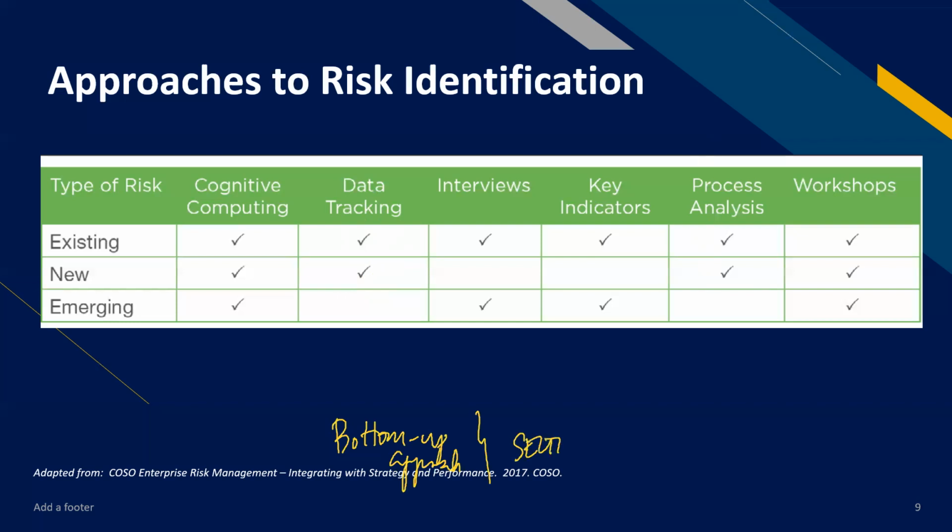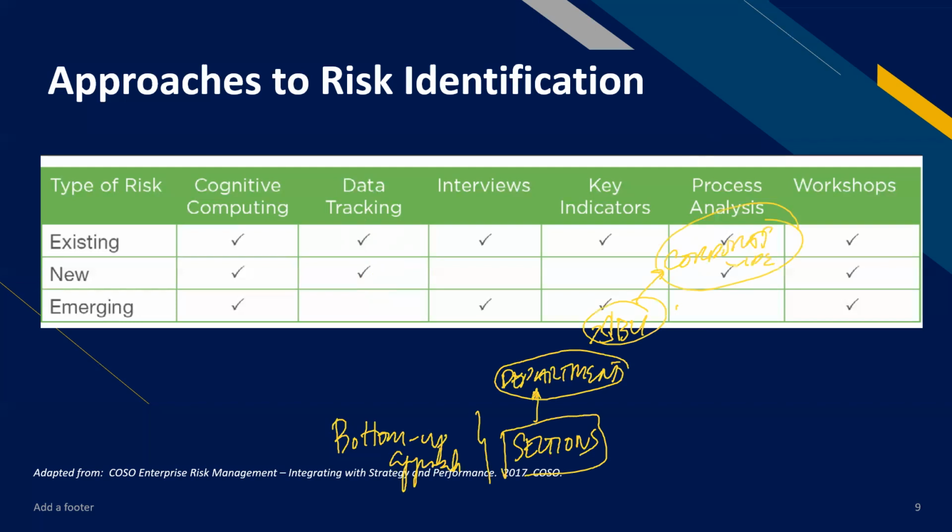Usually, the sections identify their risks, na-elevate yan to the department level. Okay? And then all departments will meet for the SBU risk, and all SBUs will meet for the corporate-wide risk. Okay? Kasi yung risks identified by the section, some may be significant enough for the department to pay attention.